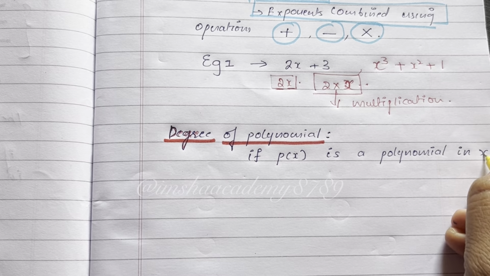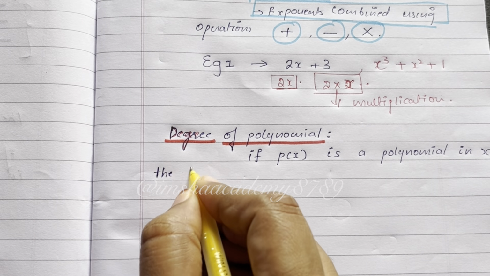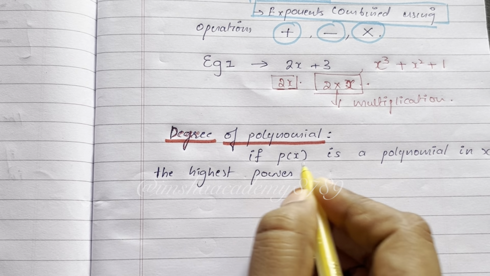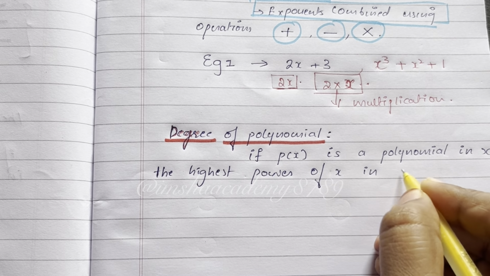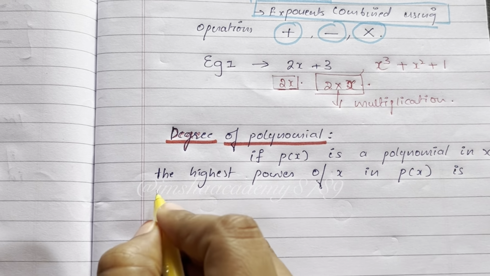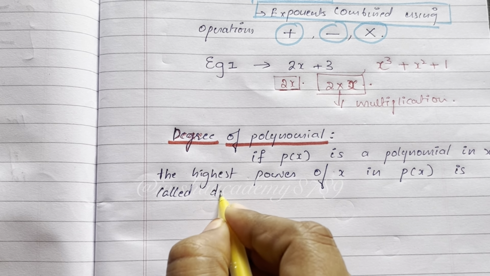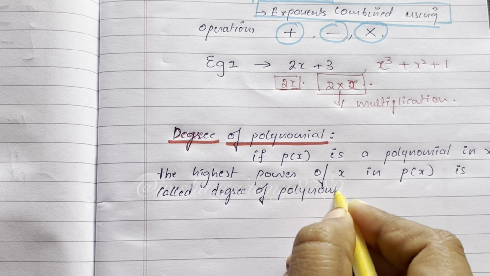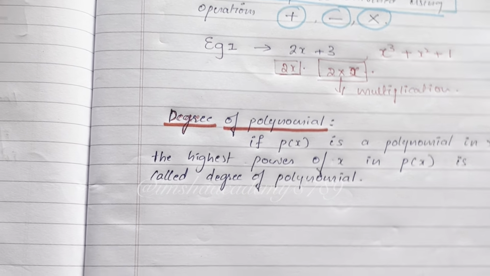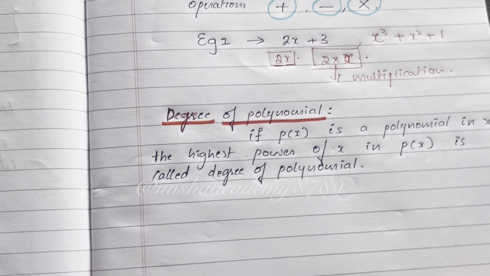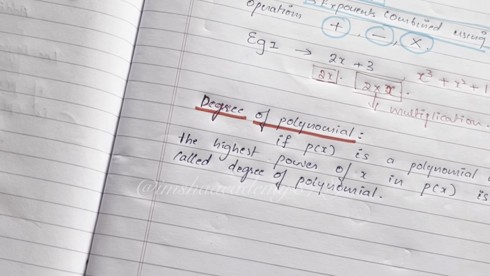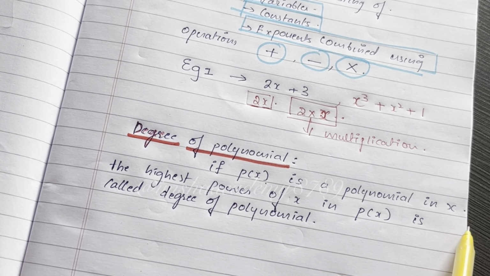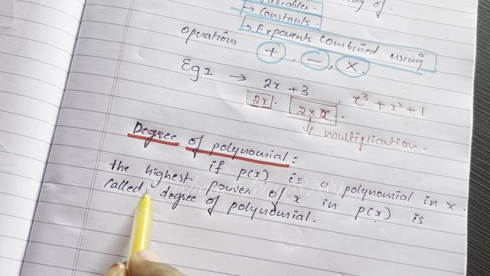If p of x is a polynomial in x, the highest power of x in p of x is called the degree of the polynomial. When I explain with an example, you will clearly understand what the degree of a polynomial is.